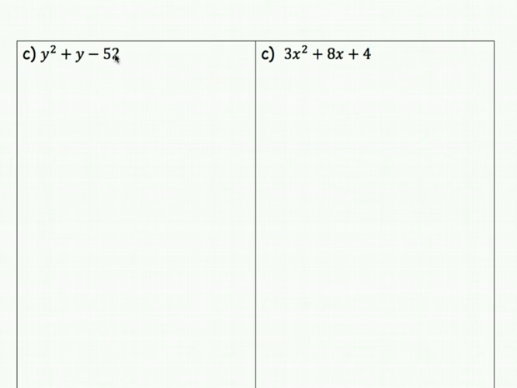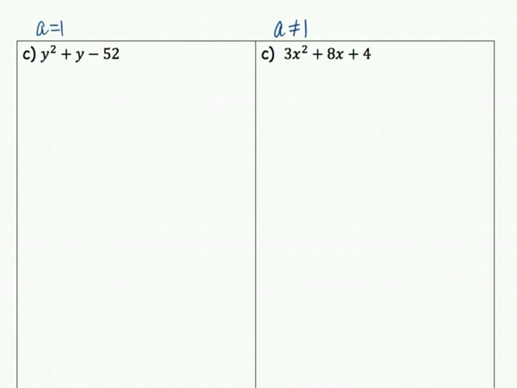Okay, so moving on to C now. Again, this is a simple trinomial. Okay, a is equal to 1, so I can use that trick method. This one here is a complex one. Don't use the trick.